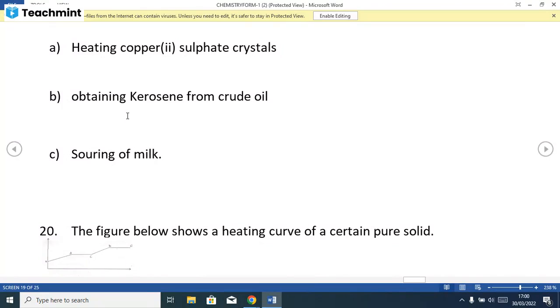Part B. Obtaining kerosene from crude oil. Physical. Is it permanent? Permanent physical change. Okay. Souring of milk.